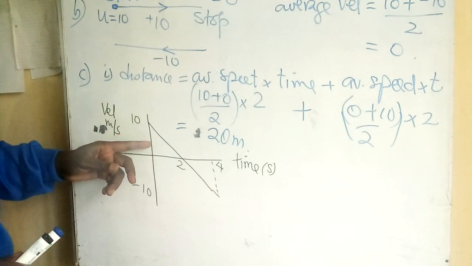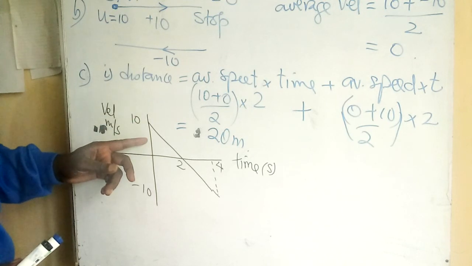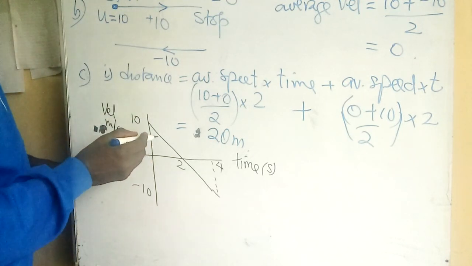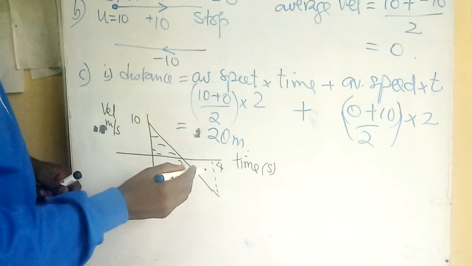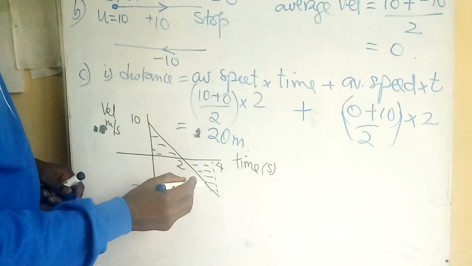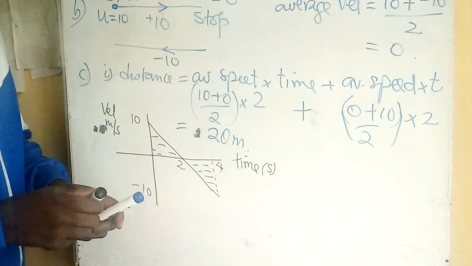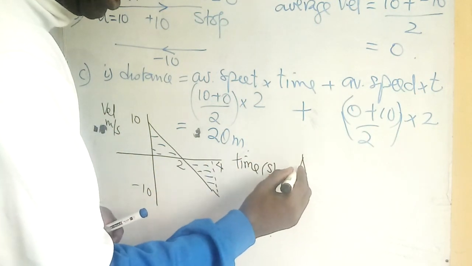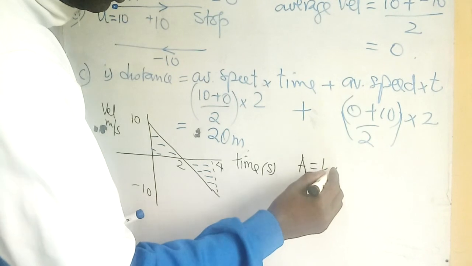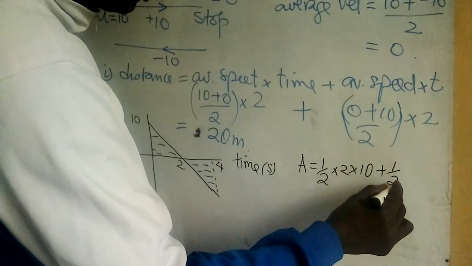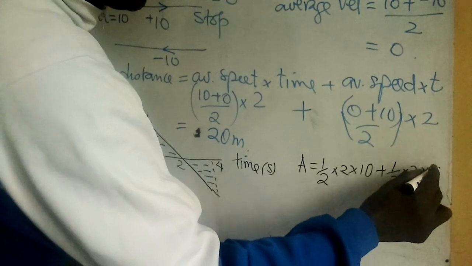This would be a half. So we are talking of this area. That. So you can see it will be a half base 2 times 10 plus a half base 2 times 10.